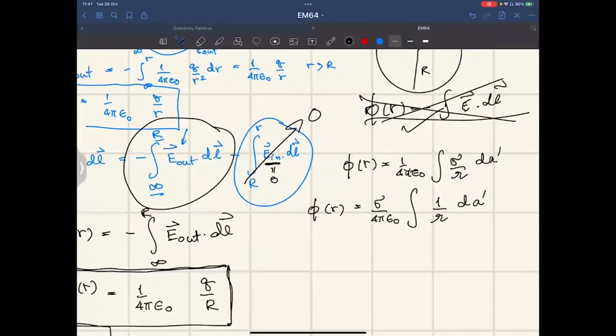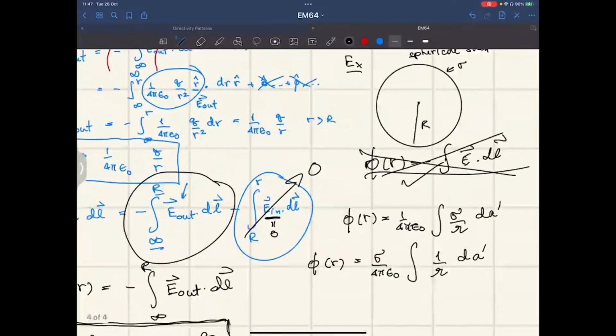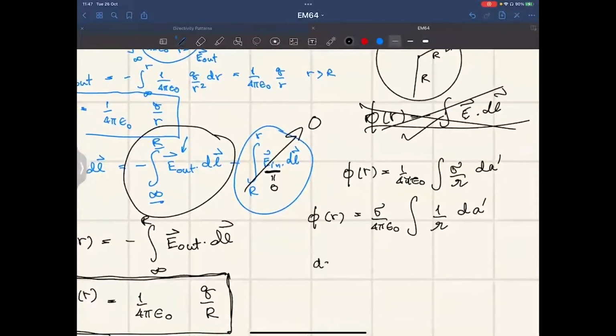Okay, since we only consider at the surface here, this thing can be dA. And this thing is radius r here. Our dA is equal to what? r squared sine theta d theta d phi, right?